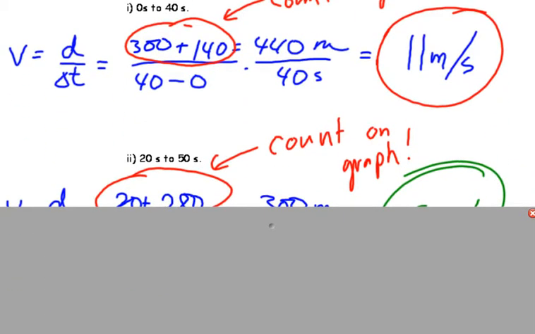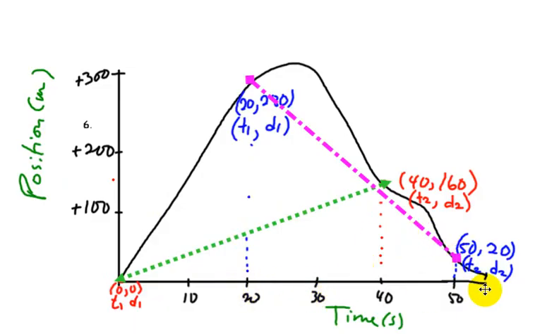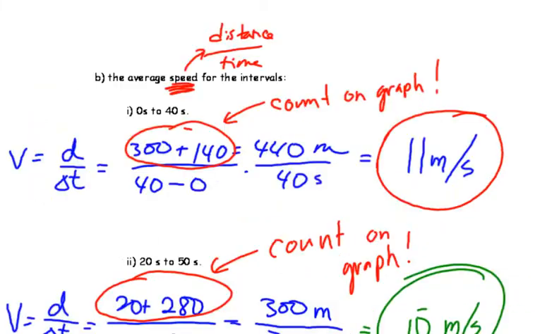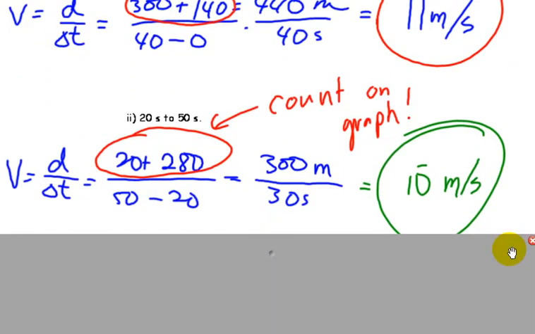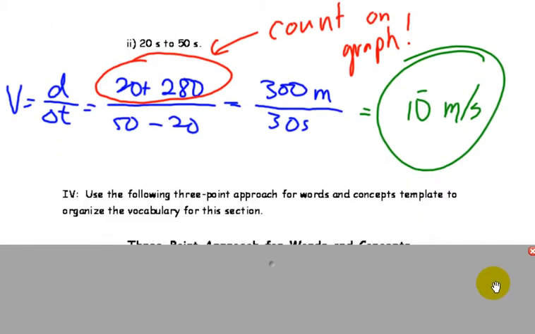So in total here, that 20 and that 280 gives me a total of 300 meters in a 30-second period, because we're going from 20 to 50. It's a difference of 30 seconds. I get 10 meters per second as an answer. And with two sig figs here, I just put a line over the 0 indicating that that is significant. Okay, so be careful with that one.